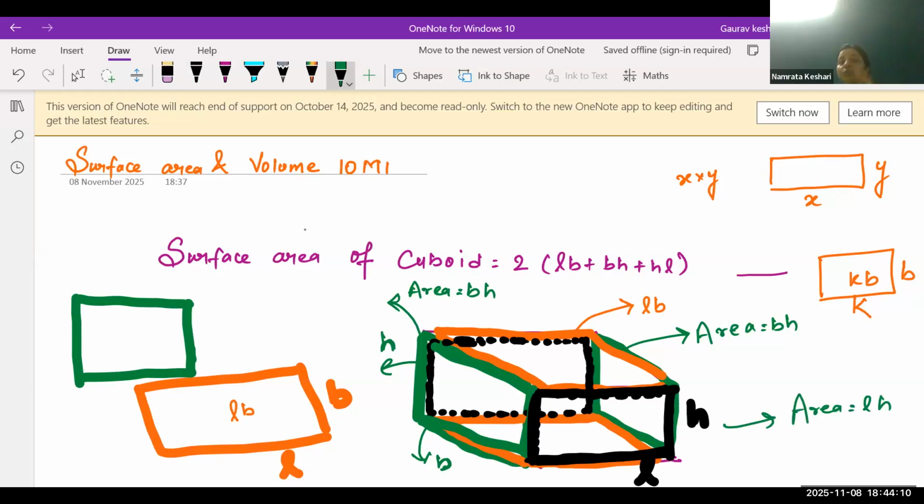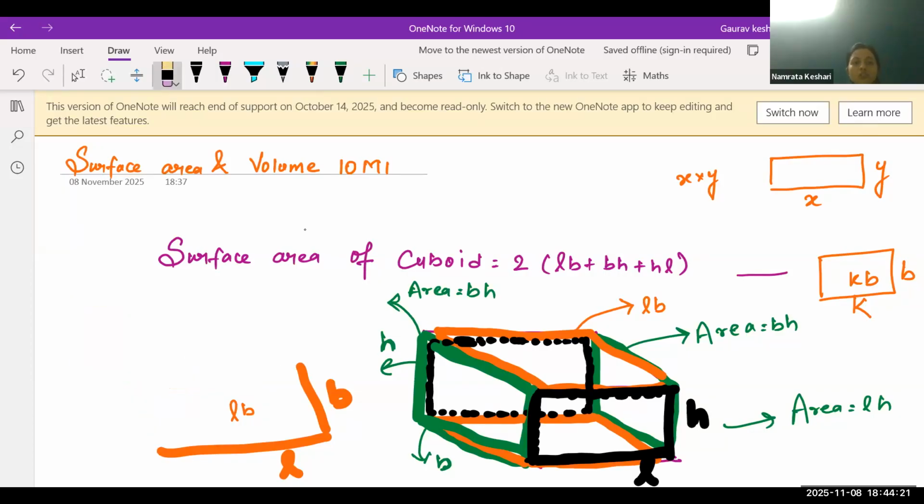Okay, and at the back also exactly the same rectangle we are having, so over there as well the area will be L into H. Now the total surface area means the area of each and every surface added together.